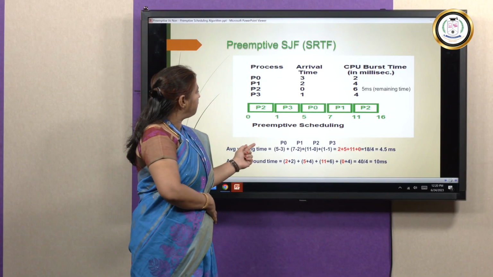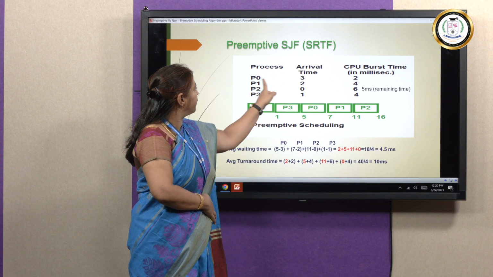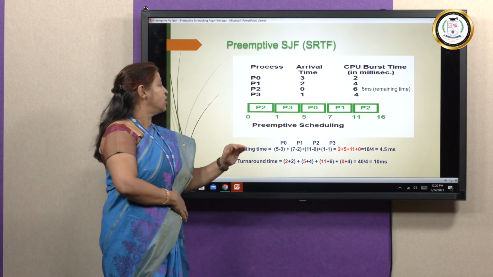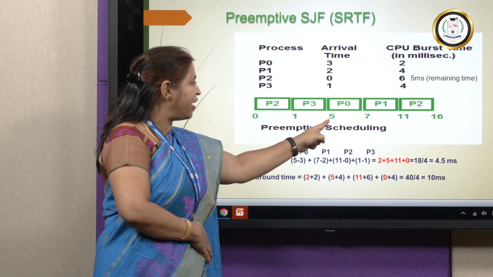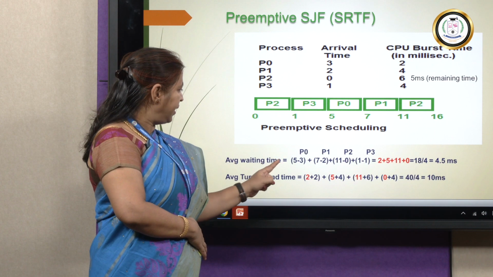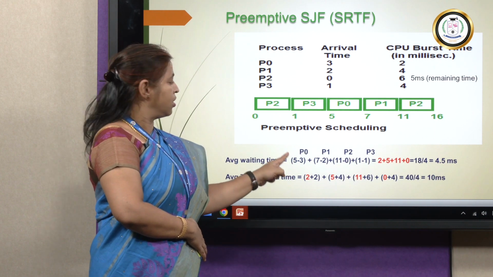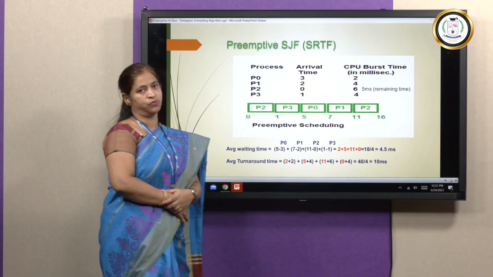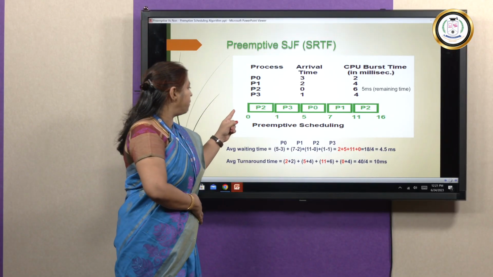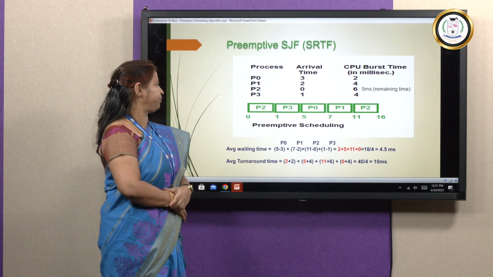But at what time did P0 enter the ready queue? After 3 milliseconds, so that should be subtracted. P0 waiting time is 5, but it arrived 3 milliseconds late. So the waiting time is 5 minus 3, which is 2. So the actual waiting time for P0 is 2.